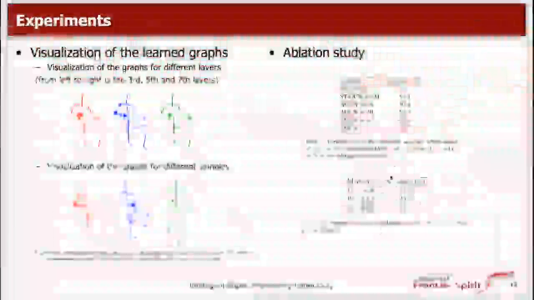And next is the ablation study for the two streams. First, we exclude the B stream, and there is an obvious drop in performance, and similarly when we exclude the J stream.